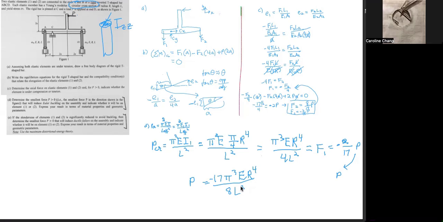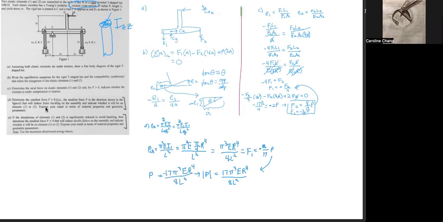So we'll take the magnitude of P. That will give us that the smallest value of P will be equal to 17 pi cubed times E times r to the power of 4 over 8L squared. So this one will be our final answer for the smallest force P.